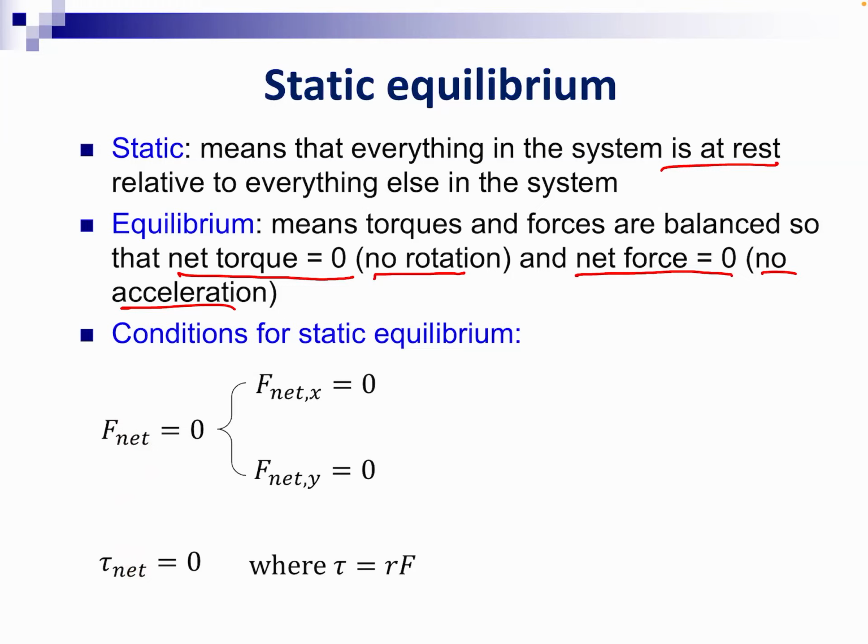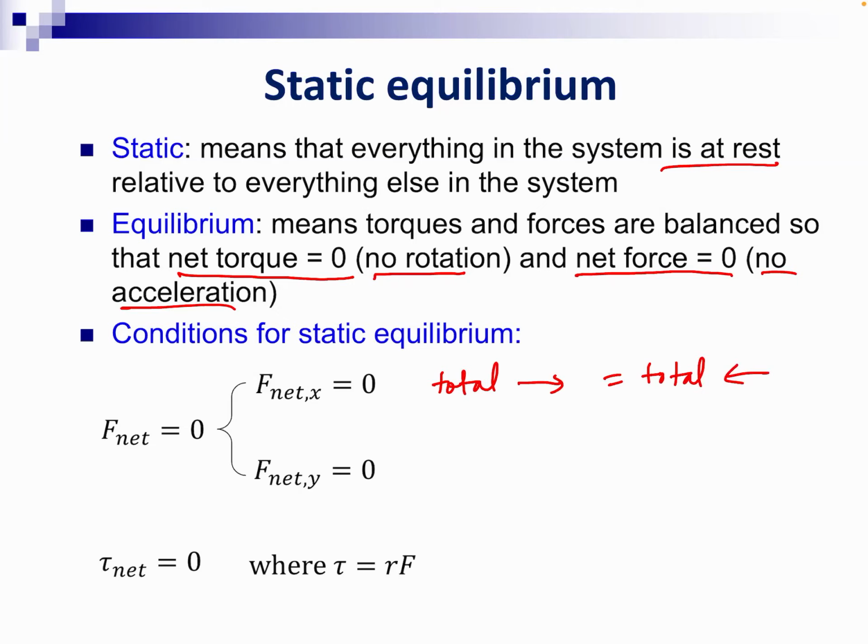Net force is equal to zero. Remember that force is a vector quantity. So if you have a diagonal force, then the net force along the horizontal should be zero, meaning the total force pointing to the right should be equal to the total force pointing to the left.